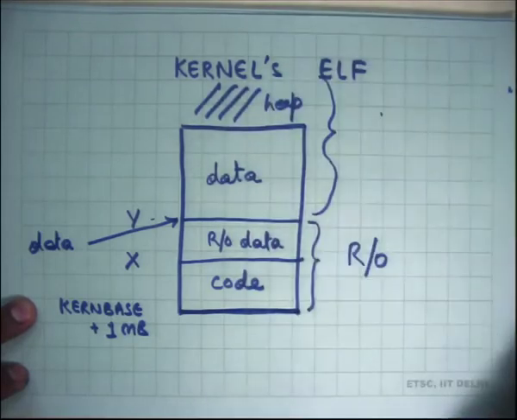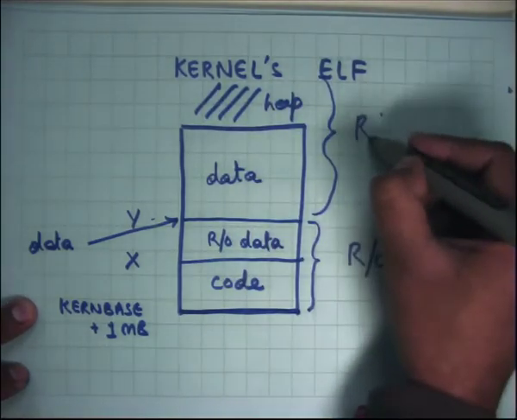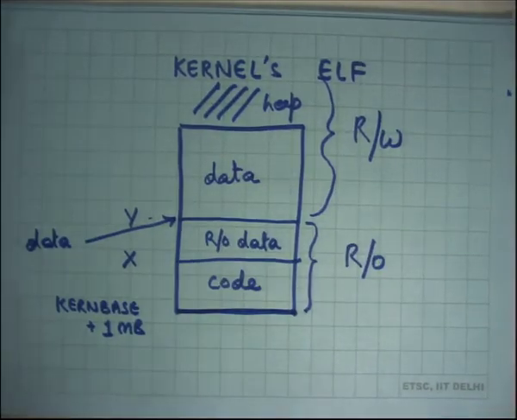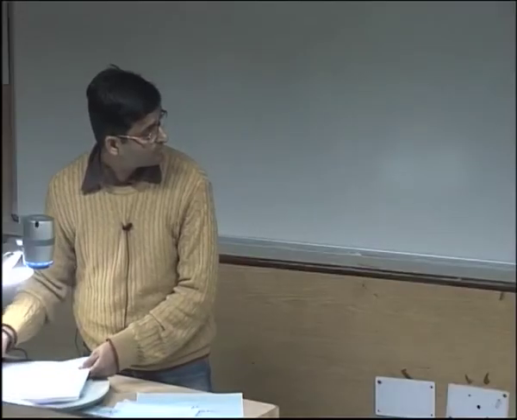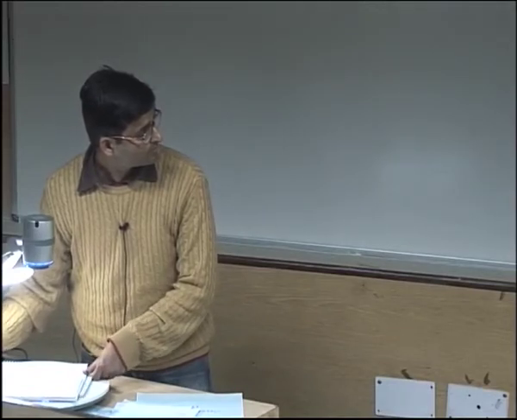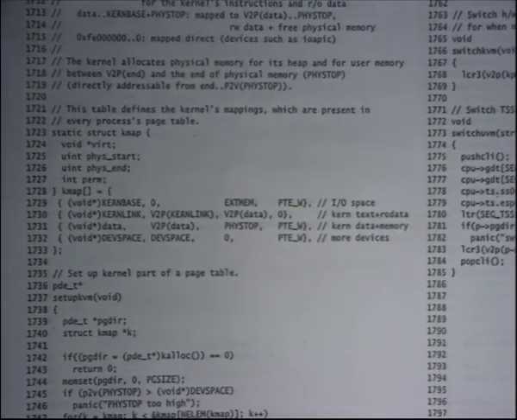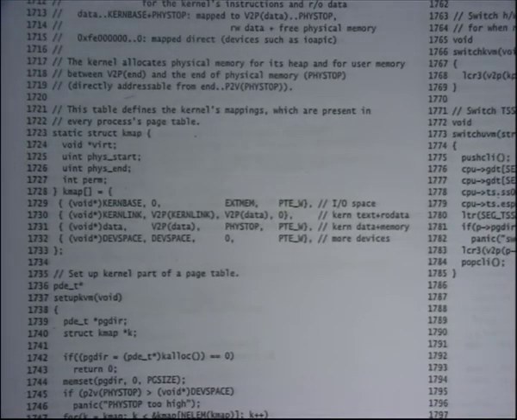After you load it, above this is heap, so everything above is going to be mapped with read write privileges, right? Okay, so that's what's happening here.